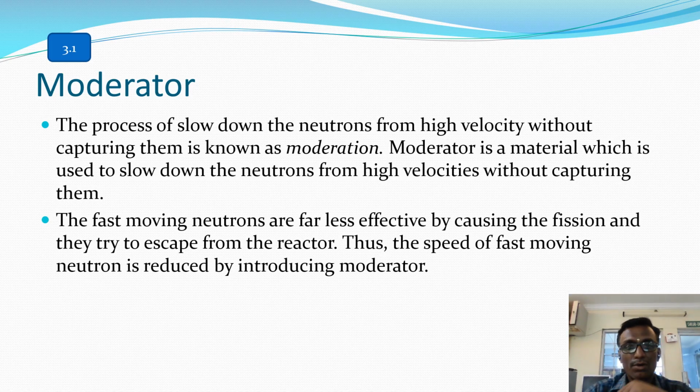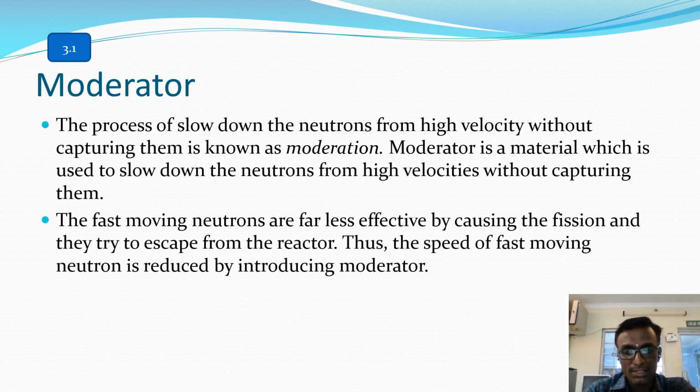So what is the purpose of the moderator? The purpose of the moderator is to slow down the nuclear reaction that is taking place in the nuclear power plant. The method of reducing the speed of the reaction is done only with the help of absorbing the neutrons. So whenever you observe a certain amount of neutrons being absorbed, obviously the speed of the process taking place inside the reactor will be reduced.